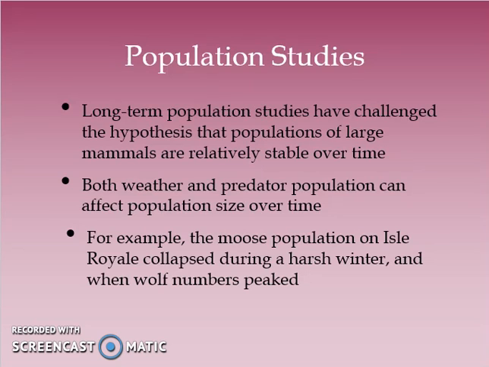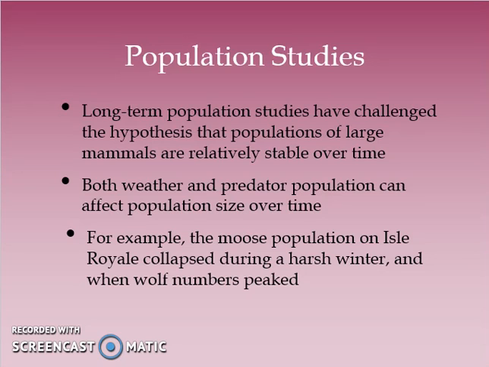It's just something interesting to do. A lot of the long-term studies have challenged the idea that populations of large animals are pretty stable over time. In fact, they're not. They oscillate just like every other population. Your prey populations, of course, are going to oscillate. You see that a lot more with them sometimes. But the predator populations also oscillate.